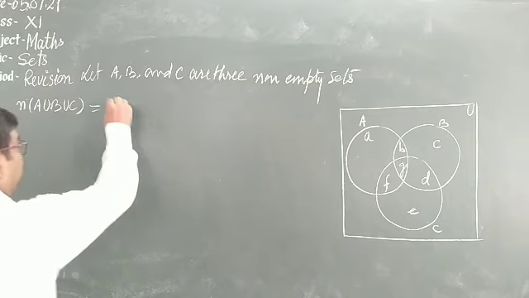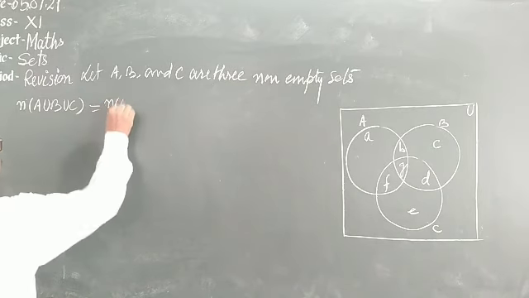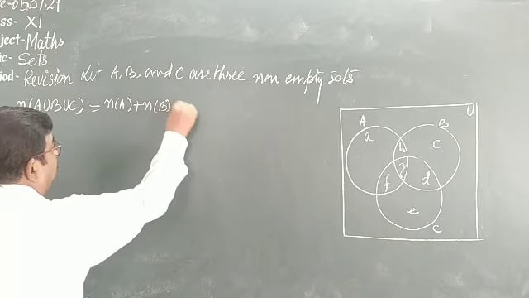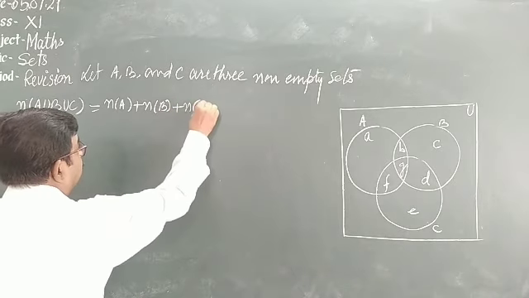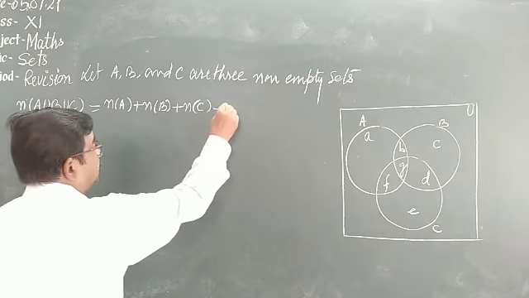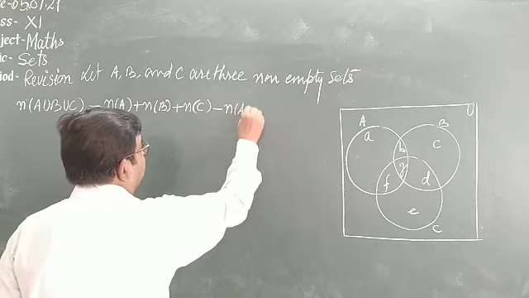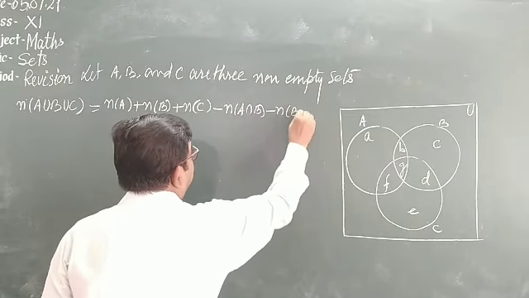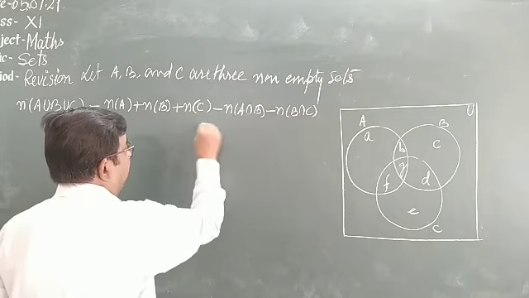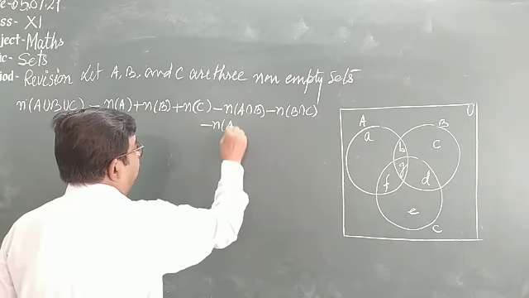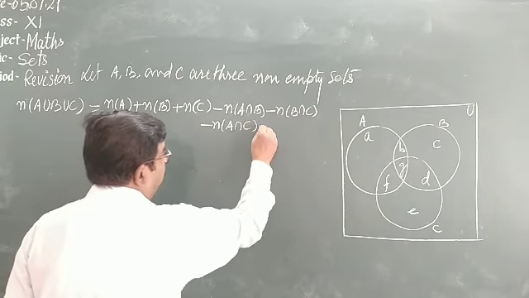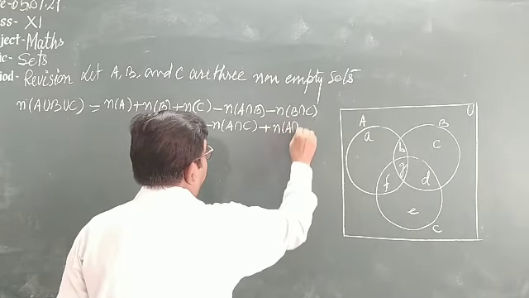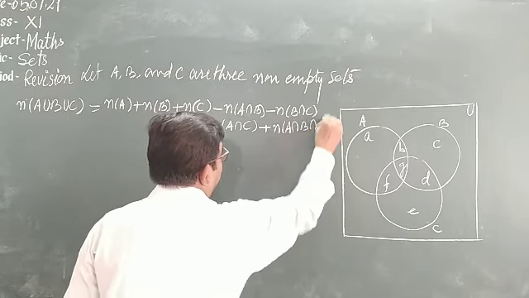So directly I am writing the formula: n(A) plus n(B) plus n(C) minus n(A intersection B) minus n(B intersection C) minus n(A intersection C), or C intersection A, plus n(A intersection B intersection C).